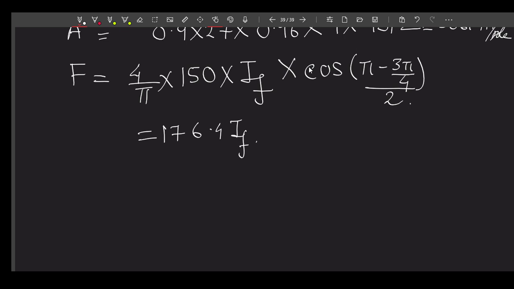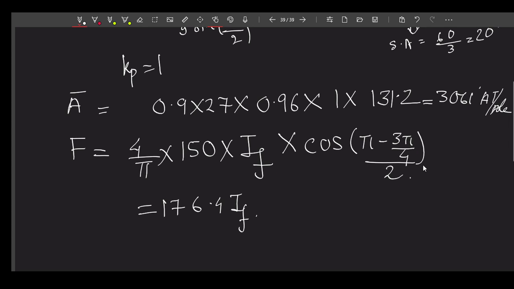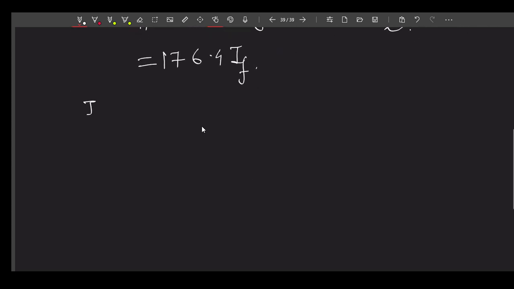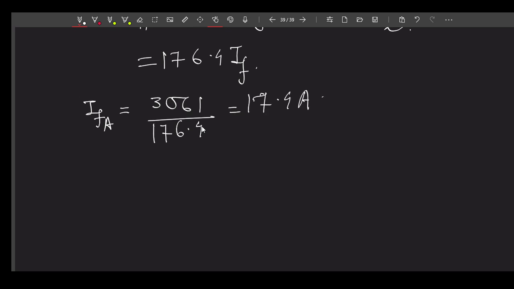Okay. Now this armature reaction, if you refer to it in terms of field current, let it be IFA, is equal to 3061 by 176.4, that is some 17.4 ampere.